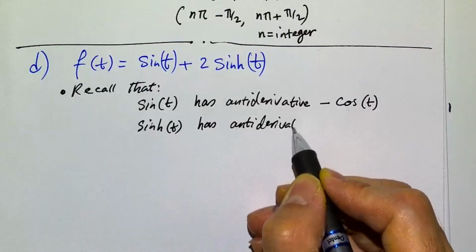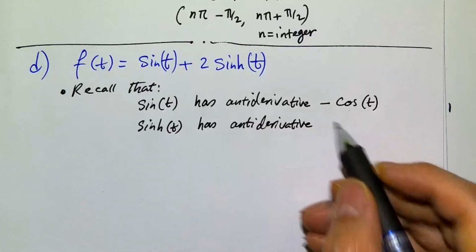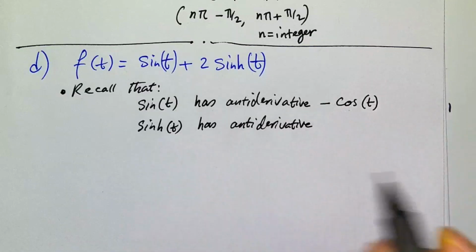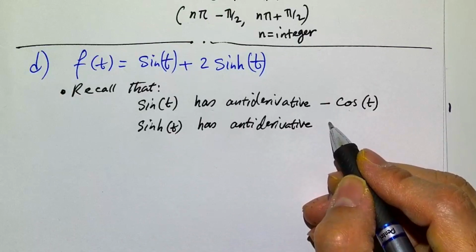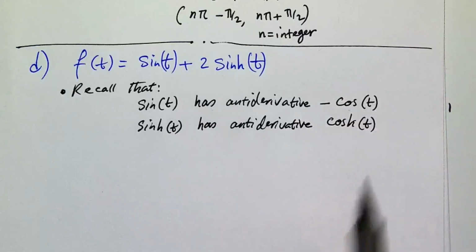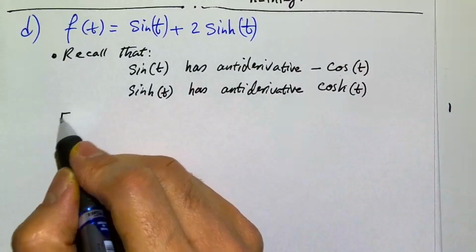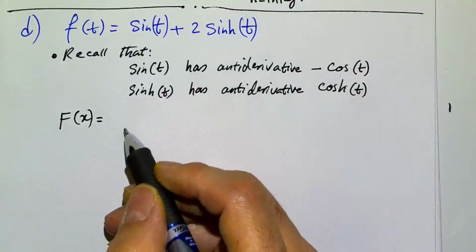And also the hyperbolic sine has antiderivative hyperbolic cosine, sorry. Okay, knowing that, we can easily find the antiderivative.